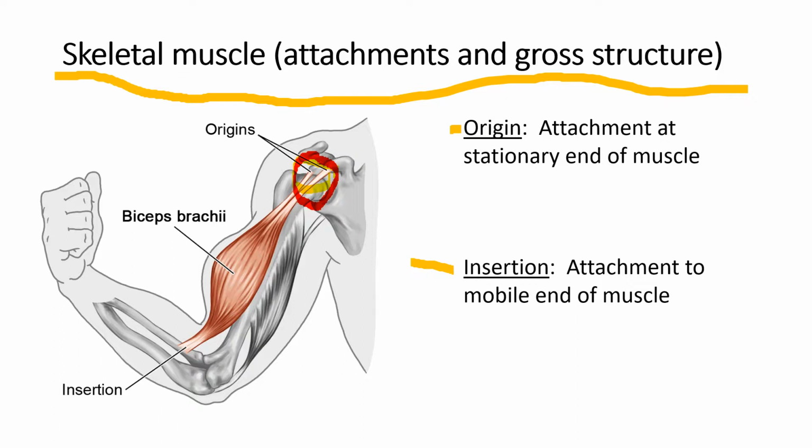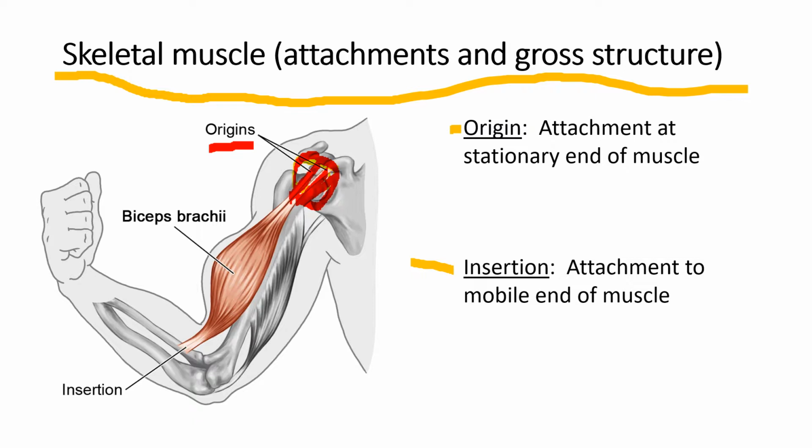It's stationary. So really, the tendons that attach the muscles here are called the origins. Again, this does not move, or moves very little. Of course, the muscle and tendons are going to move, but where the tendons are attached to the bone structures, that's not going to move, all right.